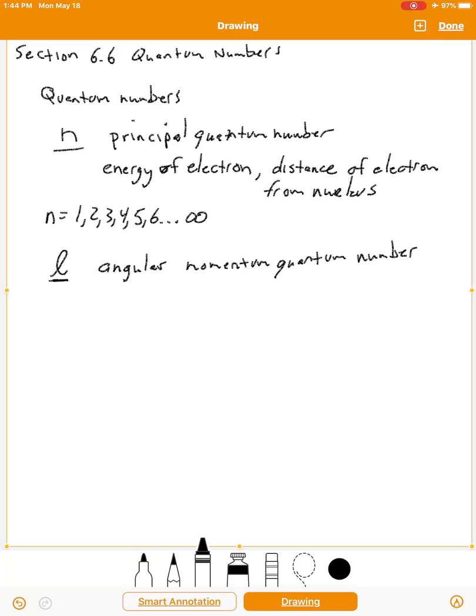Remember, the electron has some sort of motion going on, so there's some sort of angular momentum it has, or at least it behaves as though, in some sense, it's moving. In a sense, one interpretation of what the angular momentum quantum number is telling us is the shape of the electron distribution.